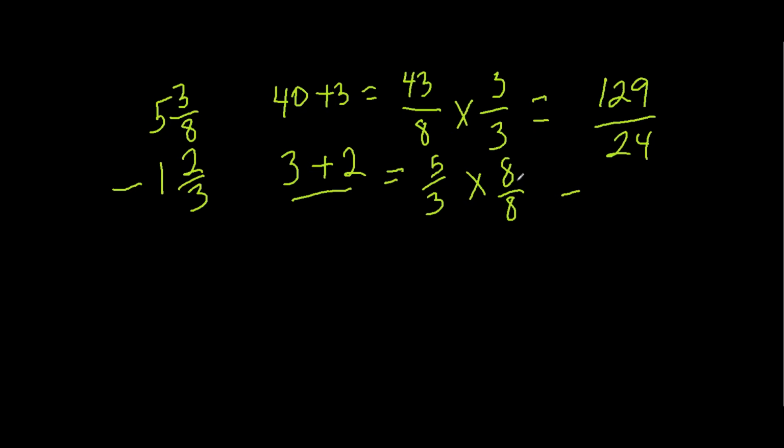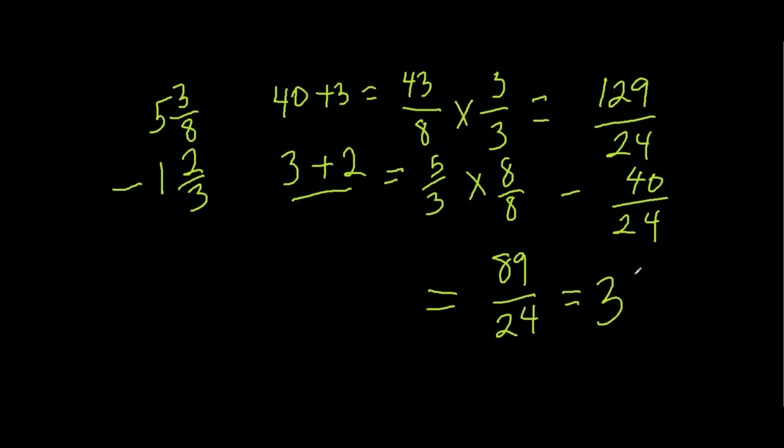Minus 8 times 5 is 40. 8 times 3 is 24. Now we can subtract the 40 from the 129, and we result with an answer of 89/24. And reducing that down, that becomes 3 17/24. And that is your answer in the lowest common denominator.